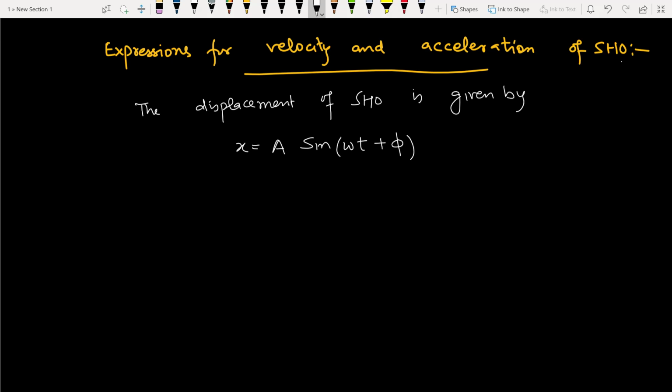This gives us the position or displacement of the body executing SHO at any time t. Now we differentiate it with respect to time. So it will be dx by dt, the rate of change of displacement, which is nothing but velocity.